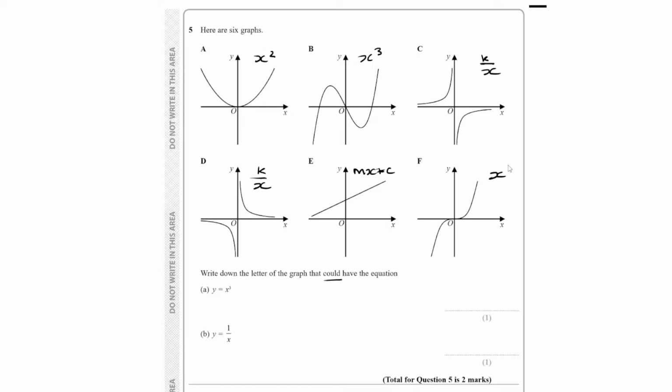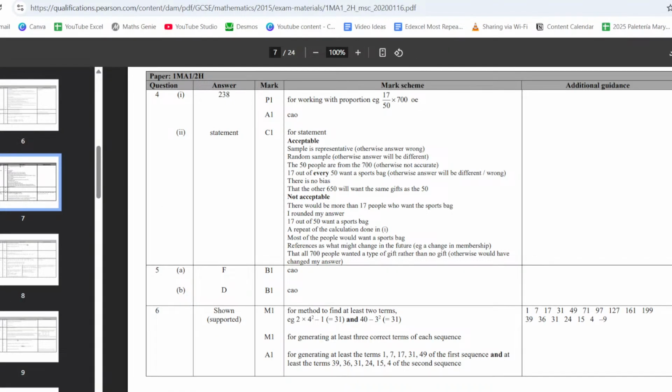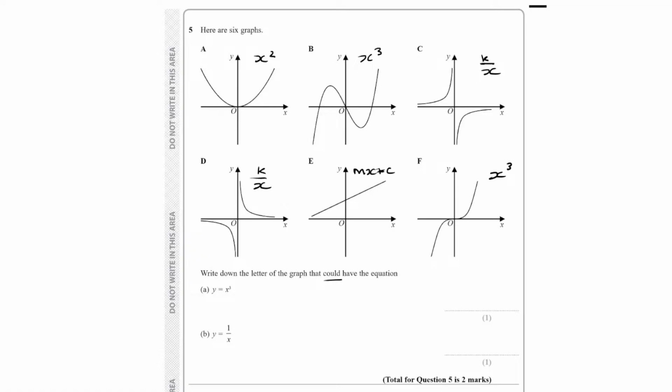and this one also, I would say, could be a cubic one. Now we're narrowing it down for the cubic ones. This one here is a bit more exaggerated than this one.